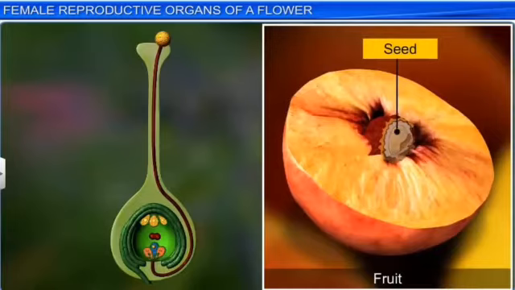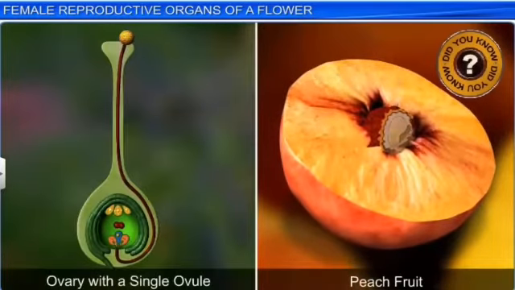The megasporangium or the ovule is attached to the placenta by means of the typical structure known as the funicle. Here we can observe very well the seeds present inside the typical fruit, which develops after the development of the ovule.